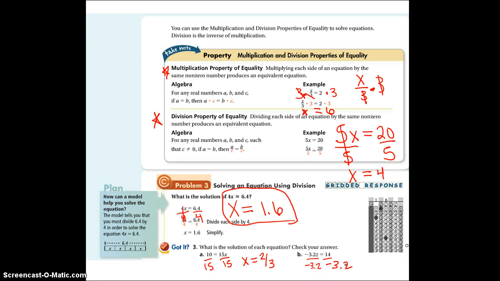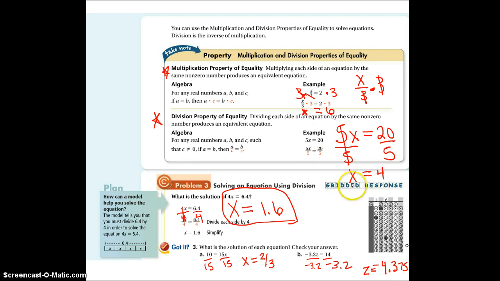So if I divide both sides by negative 3.2, a positive 14 divided by a negative 3.2 gives me a negative. So z equal to negative 4.375.